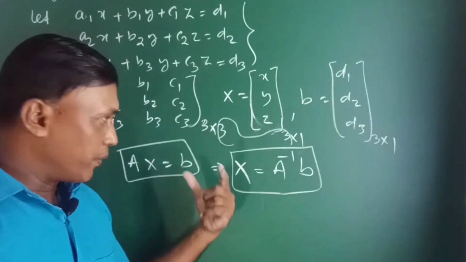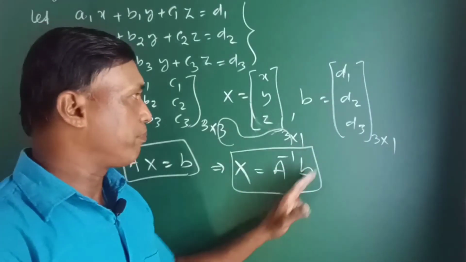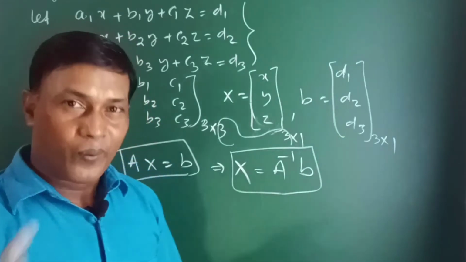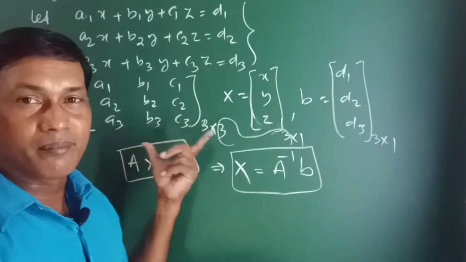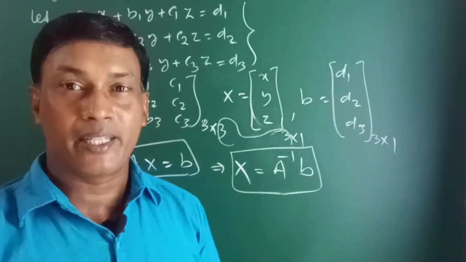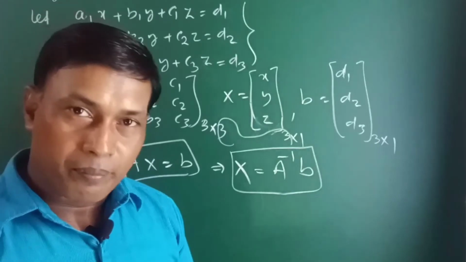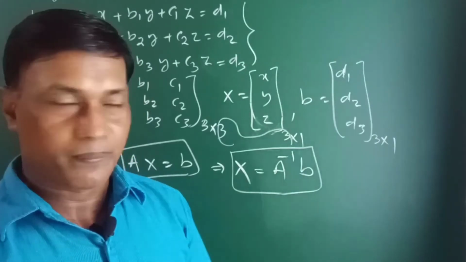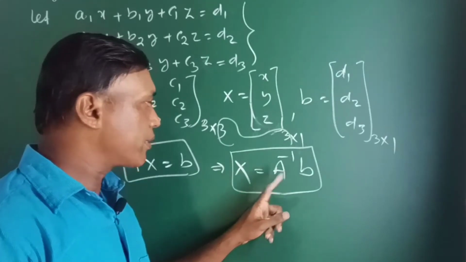So first we have the B matrix. We only need A inverse. The A matrix is given, but how can you derive A inverse? Now I will discuss how to find the value of A inverse. So in order to find X, you need A inverse and B.